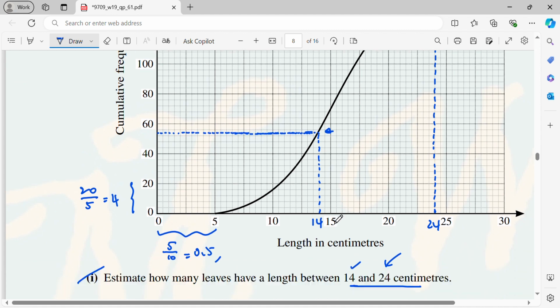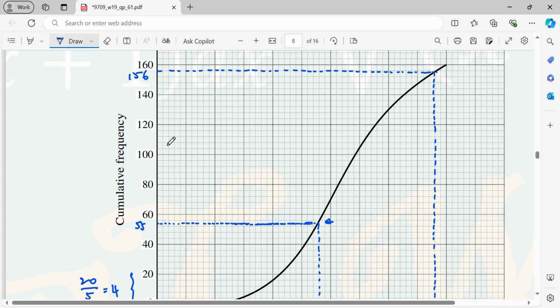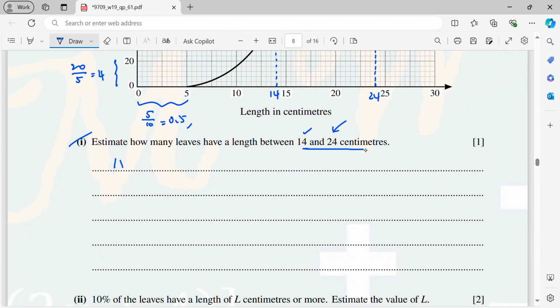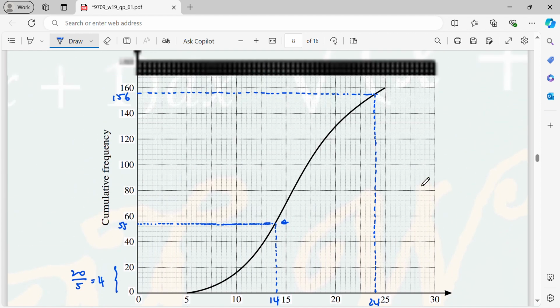Alright, therefore I can say that it is roughly 55. Okay, it is close to 56. So from here, I will say that the number of leaves will be 156 minus 55. So here, 156 minus 55, that is going to be 99. Okay, so this is how we solve this question.